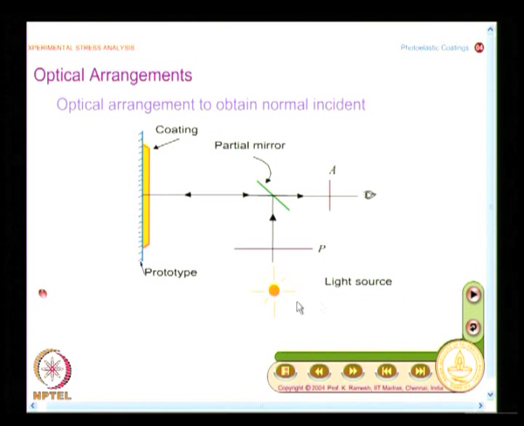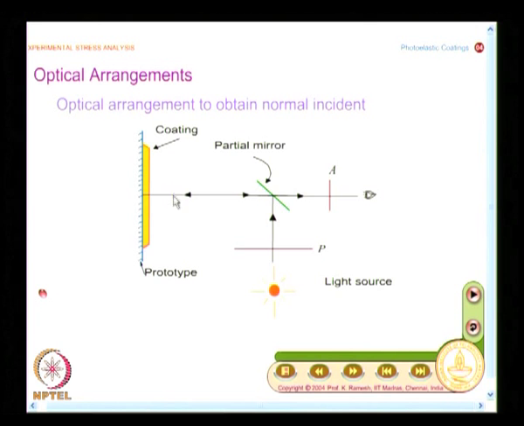So, what I have here is the prototype that is shown with the hatched line, and I have the coating that is pasted onto this. And in transmission photoelasticity, we always wanted a normal incidence.